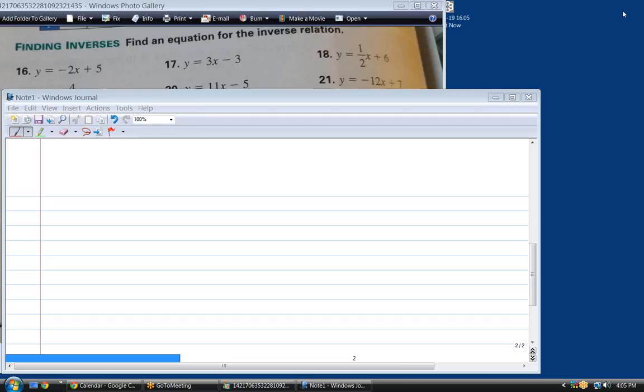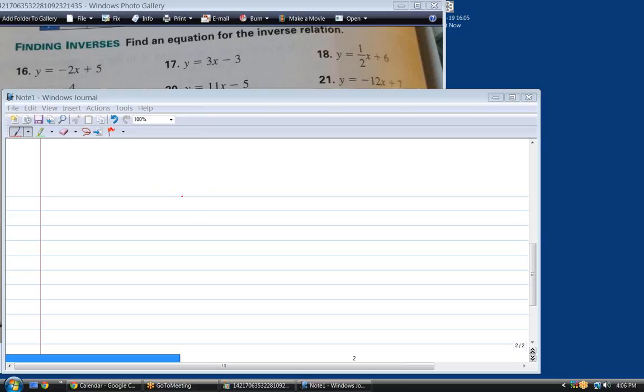All right, so we're doing inverses today. Let's talk a moment about what an inverse is. A good definition of inverse is it is a function that undoes what an original function did.